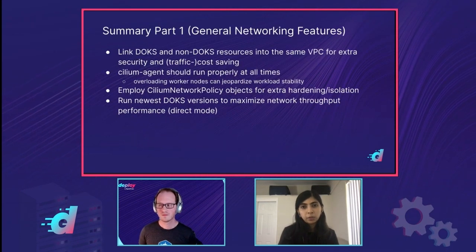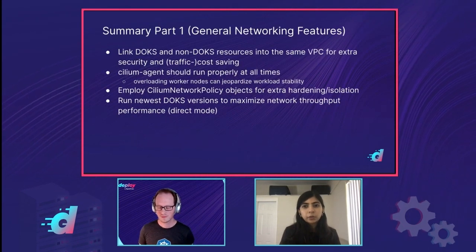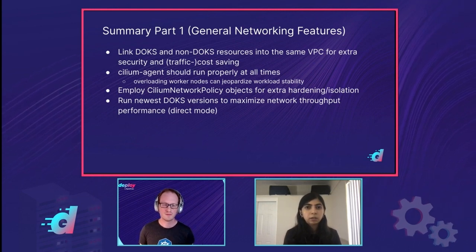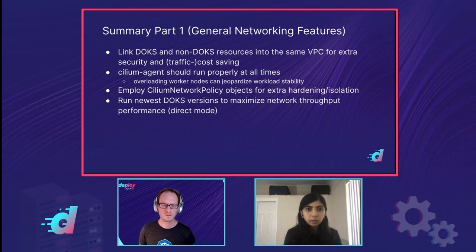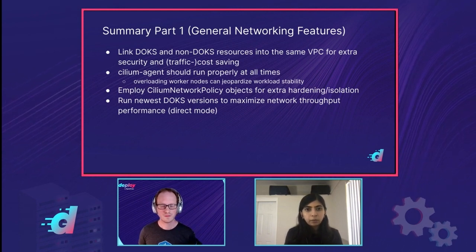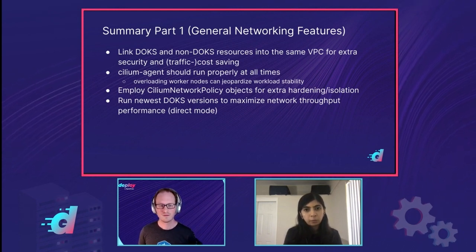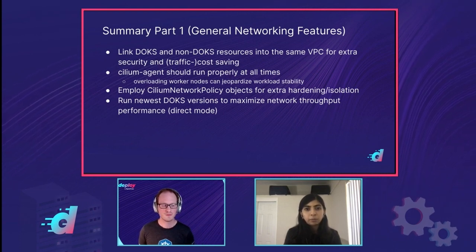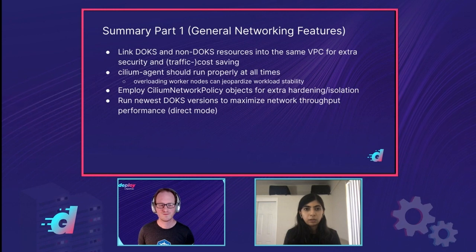Okay, to summarize part 1, always ensure that your DO resources are within a VPC so that they're isolated from outside resources. And the data traffic is obviously free, so that will be an added benefit. Ensure that your Cilium agent and operators are running properly at all times.